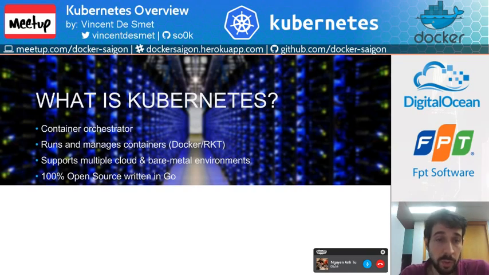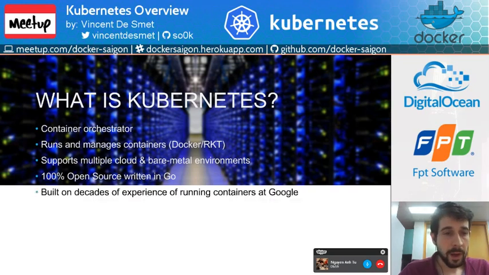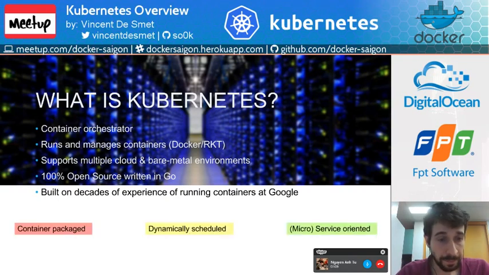But you can play around with Kubernetes on your own cluster, so that's great. It's a very good idea. So as I said, decades of experience running containers at Google. It's container packaged, dynamically scheduled, and microservice oriented.